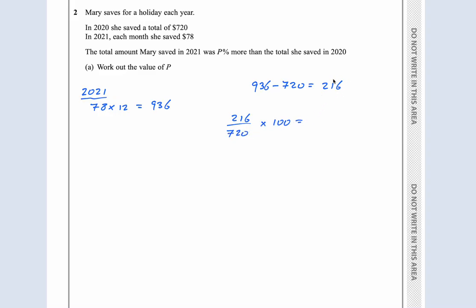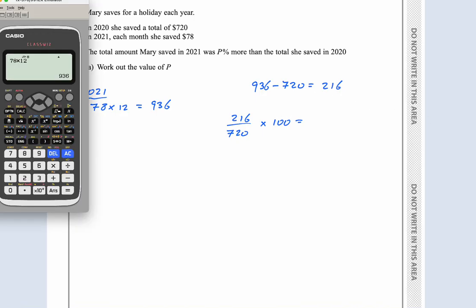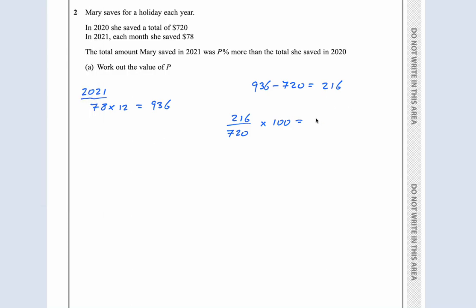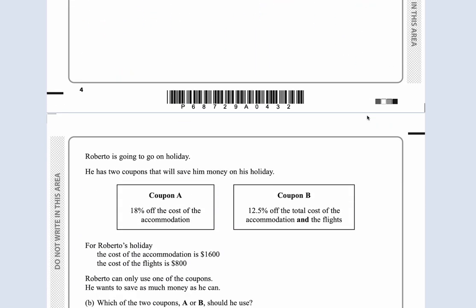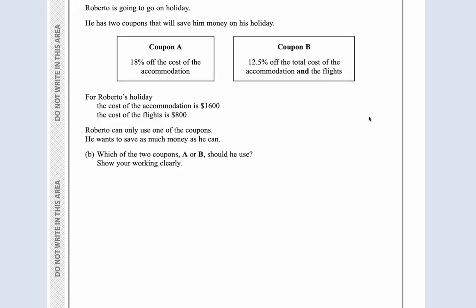That will give me the increase as a percentage, if you like. So 216 over 720 times 100 is 30. So the answer is 30. That's 4 marks.